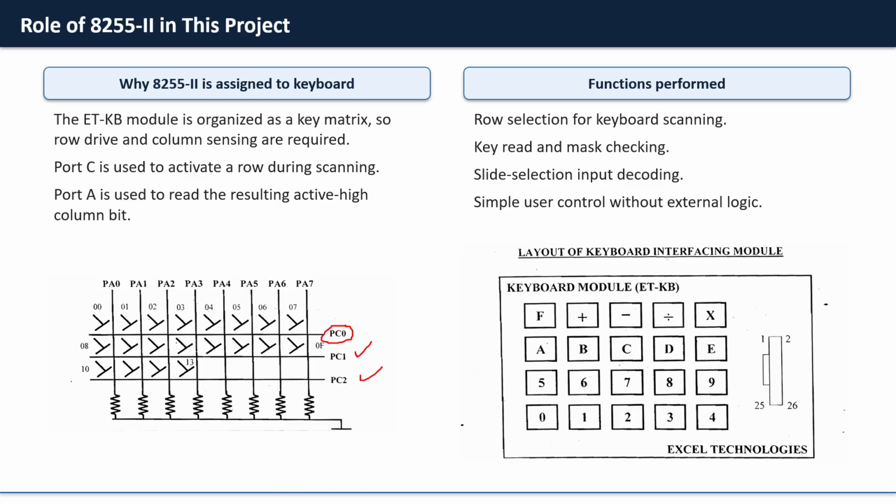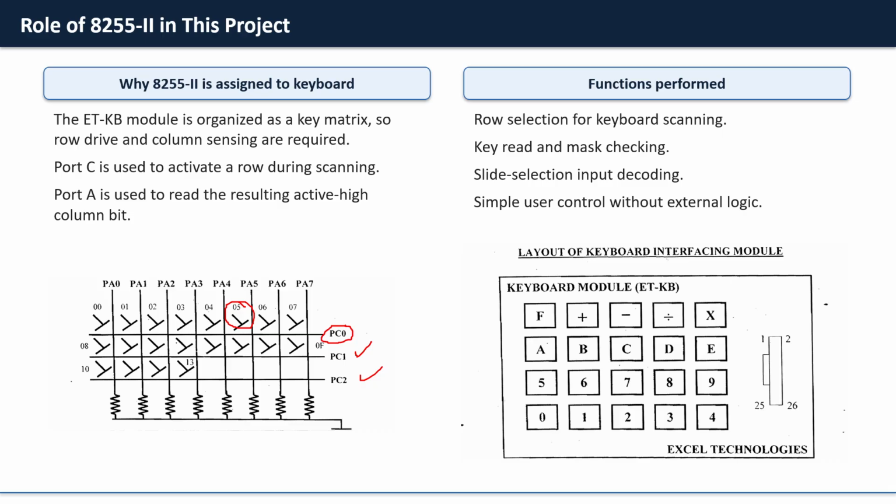Okay, this is also visible in the code that I have written and attached with the video. Let's simulate something. Let's say the user presses the 05 key, then what will be generated? Because the active row is PC0, and the port is used to read the resulting active high column bit. Active high column bit means that the key pressed is high.